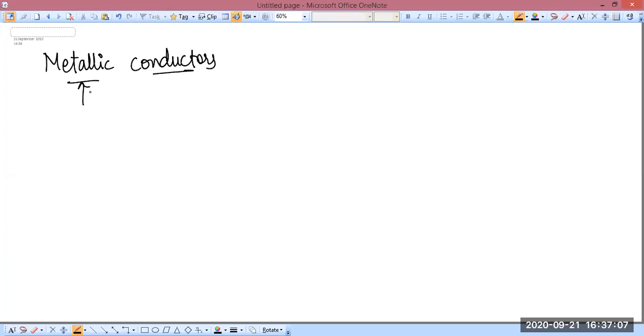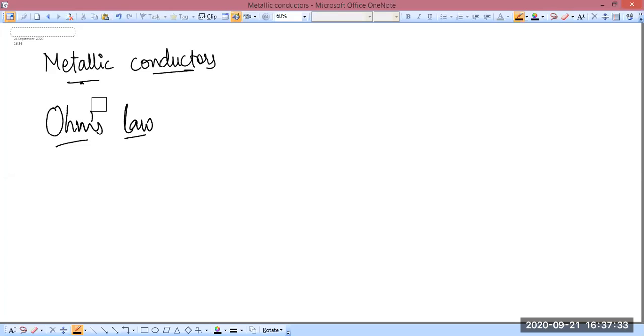In this chapter we are only going to talk about metallic conductors. I'm sure you have studied Ohm's law, so we are going to talk about that.